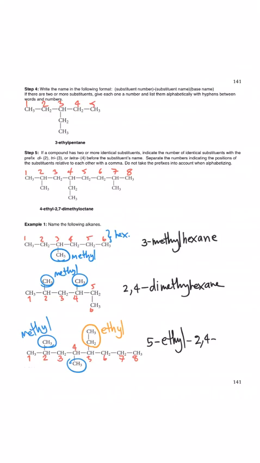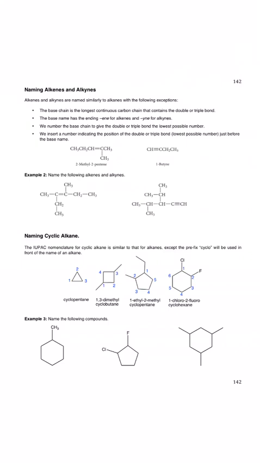And because we have 2 methyls, that would be dimethyl. 8 carbons, that would be oct. And then because it's an alkane, it's going to follow with the ending of "ane," so it would be octane.